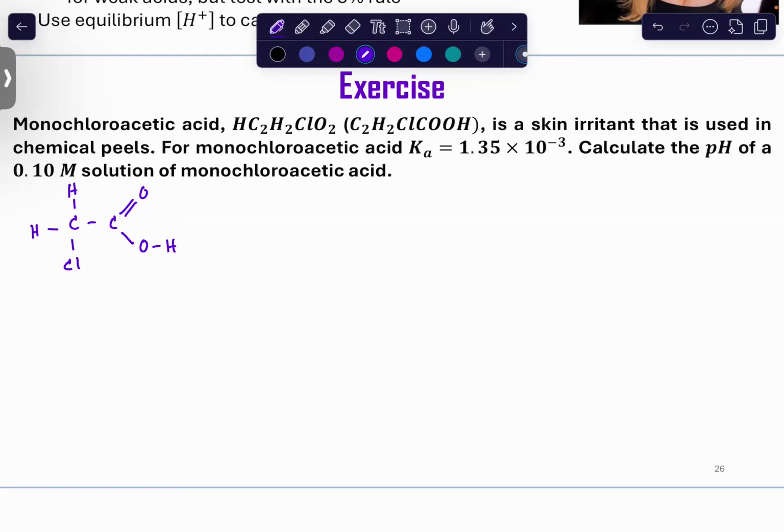It could be any of them. Remember, it can't be that hydrogen on the carboxyl group because that's your acidic proton. So that's why we have compounds like monochloromethane, CH3Cl.